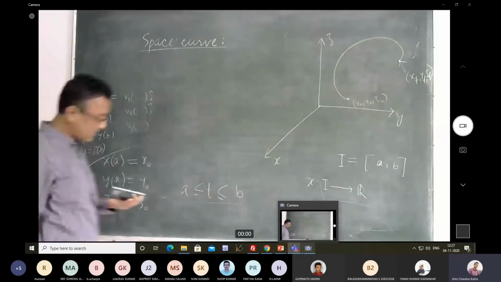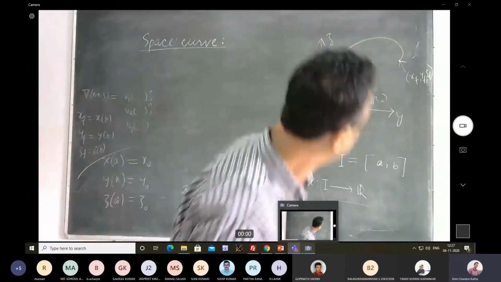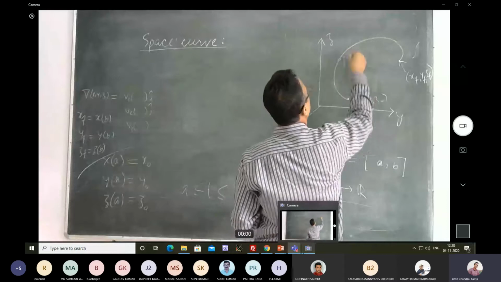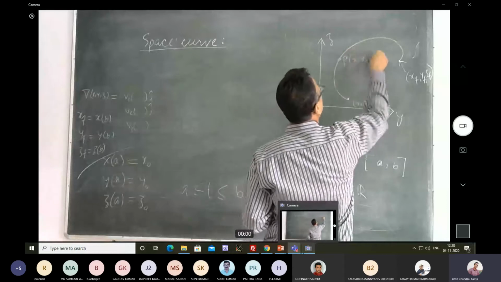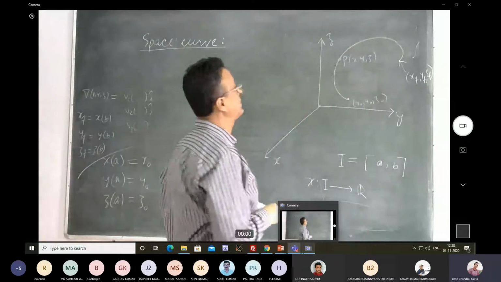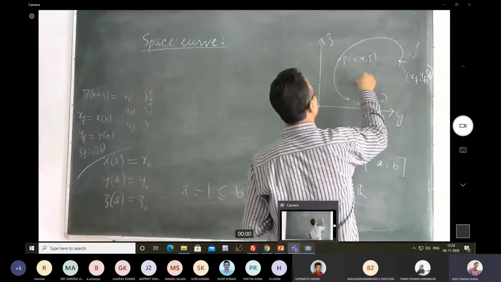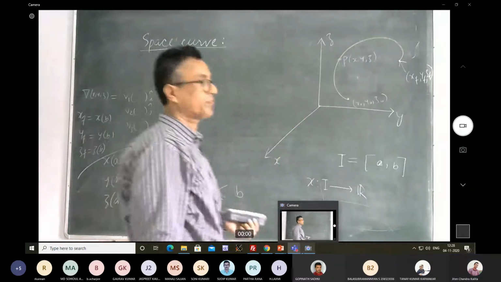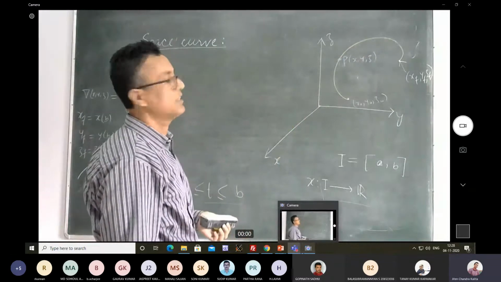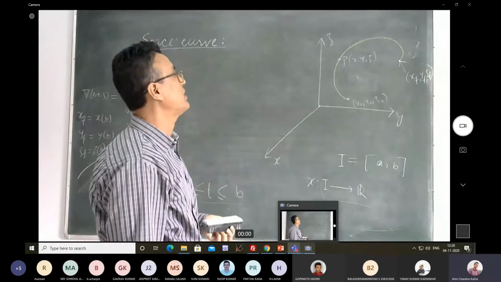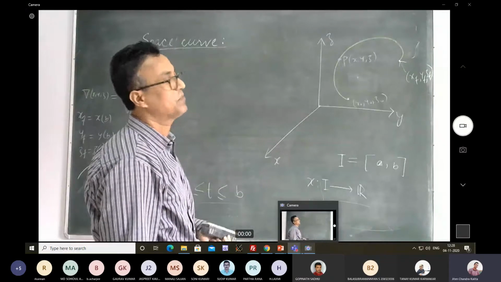Now suppose I take any point here, say P, whose coordinates are x, y, z, and suppose this happens at some value of t. I'm calling it simply small t.